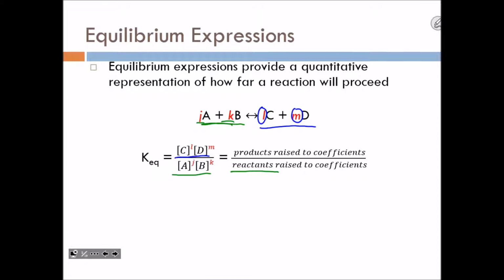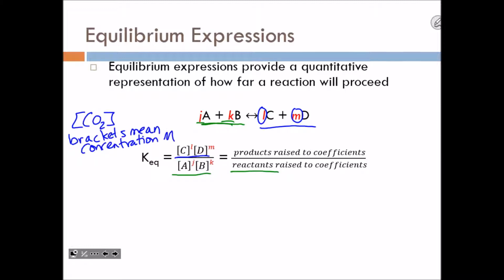One other thing that you should note, and I think I went over this when we talked about acids and bases, but when you put brackets around a substance, like if I put brackets around CO2 like that, I'm actually telling you the concentration of CO2. So brackets mean concentration, and we measure concentration in molarity, which is big M, moles per liter.